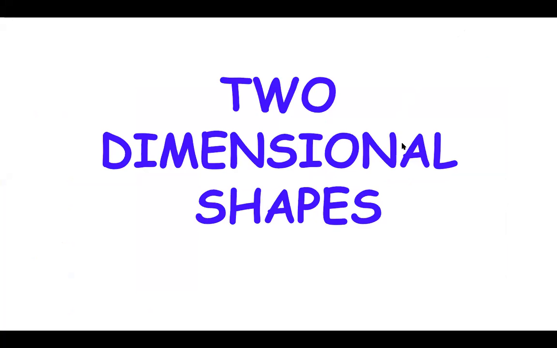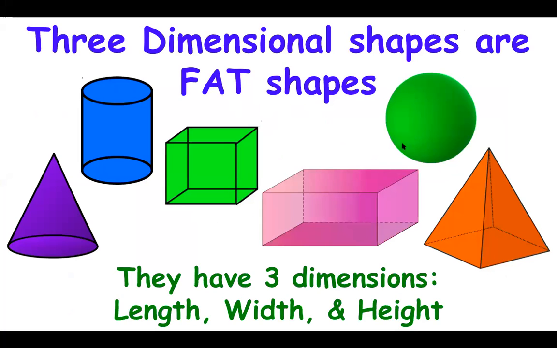Before we get into two-dimensional shapes, let's review what we already know about three-dimensional shapes. Three-dimensional or 3D shapes are fat shapes. They are fat because they have three dimensions. They have length, which is how long they are, width, which is how wide or fat they are, and height, which is how tall they are.